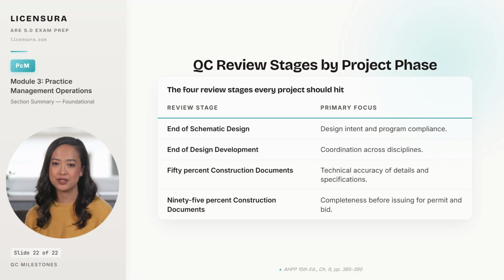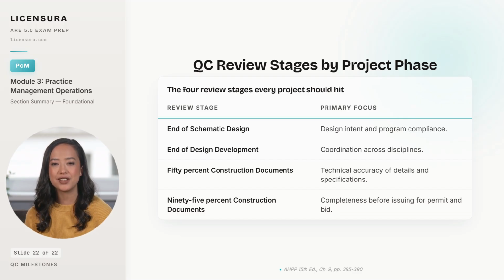At the end of design development, the focus shifts to coordination across the structural, mechanical, electrical, and plumbing disciplines, because every gap left at this stage becomes a clash in the documents and a change order in the field. At 50% construction documents, the review targets the technical accuracy of details and specifications, when there is still time to revise without disrupting the team's production rhythm.